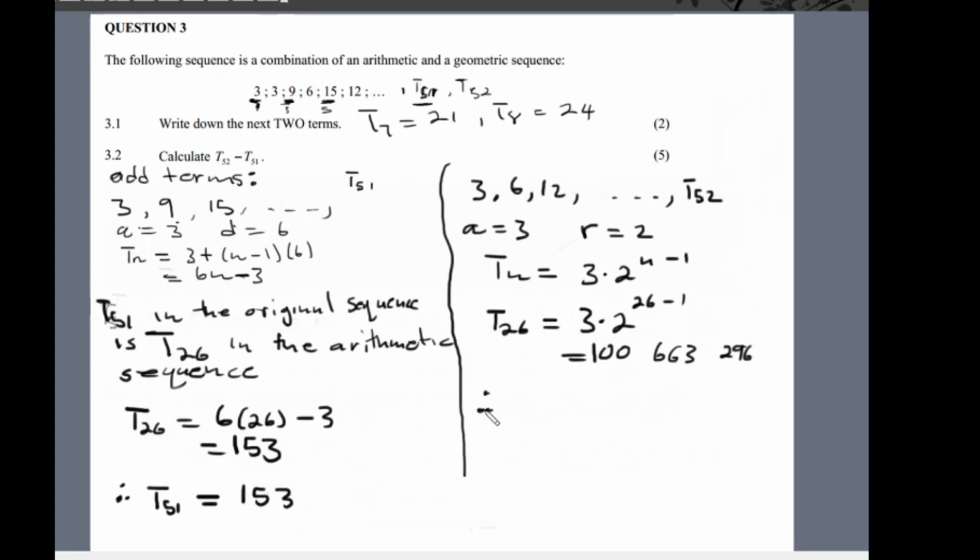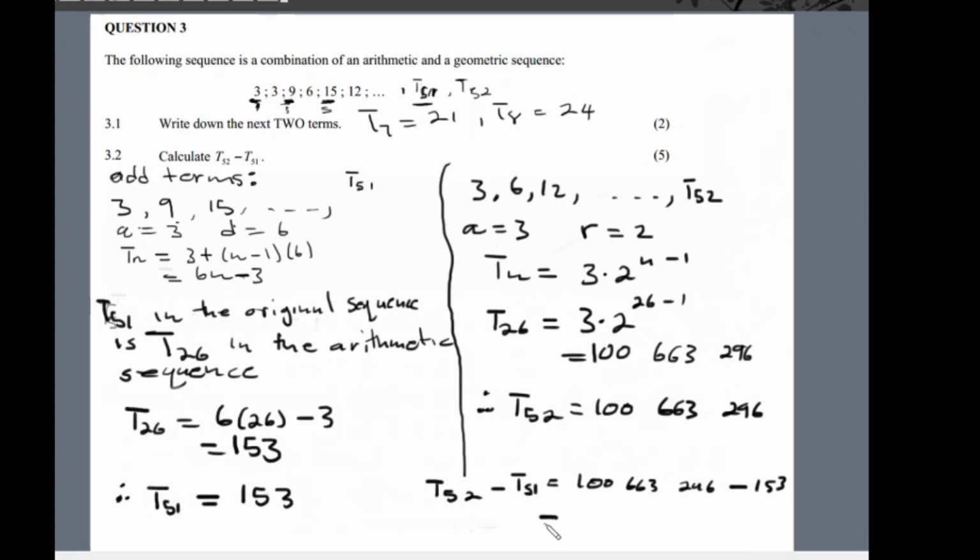Therefore T52 is equal to this number. Now when you take the difference between T52 and T51, you'll get this number minus 153. You'll get that the difference is this number here, 143.